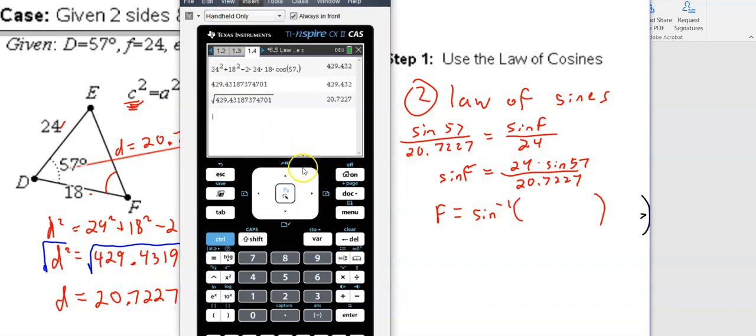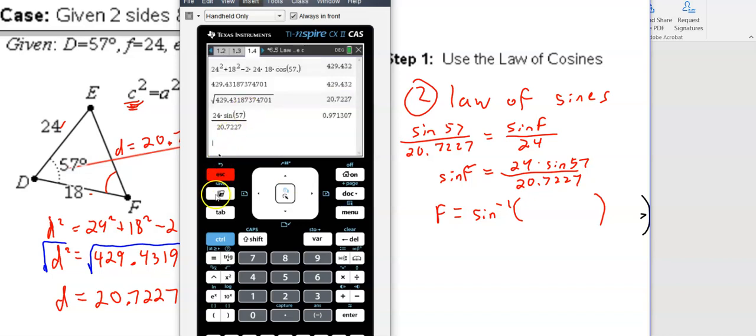So we go, okay, 24 times sine 57 over 20.7227. That's that. And now we're going to take the inverse sine of that.